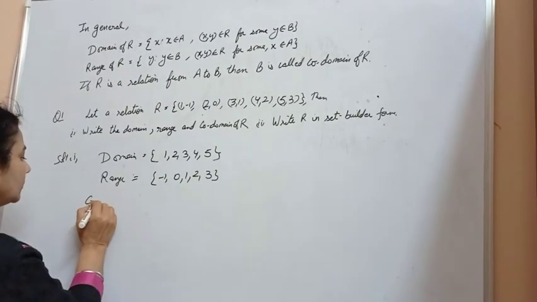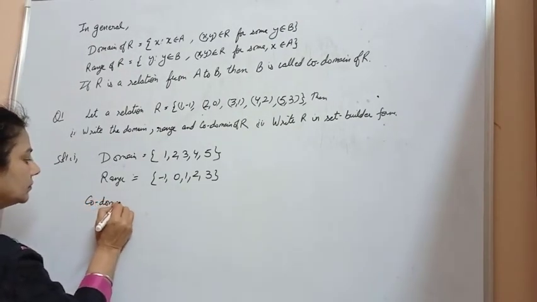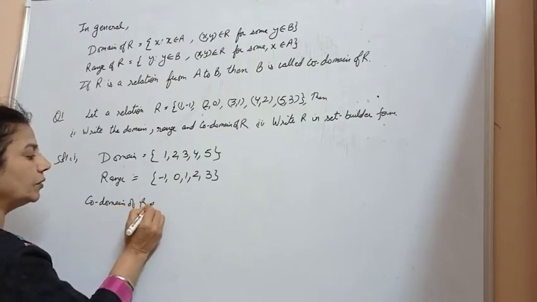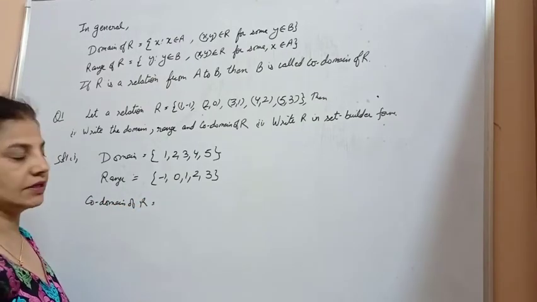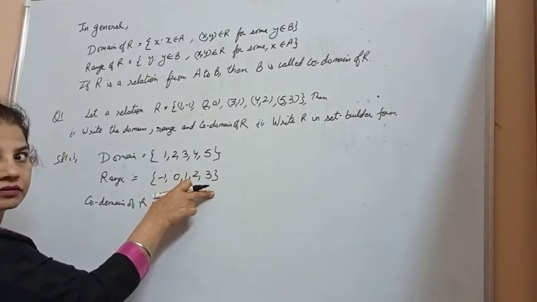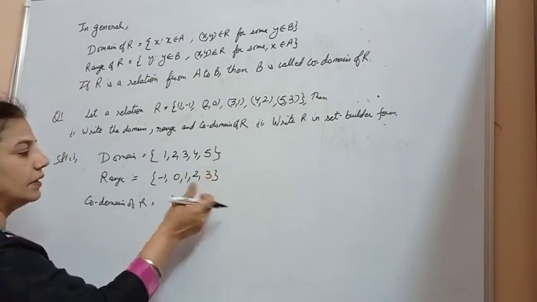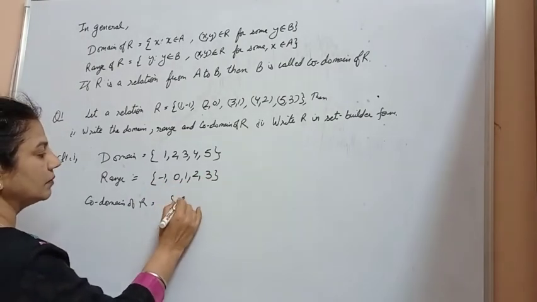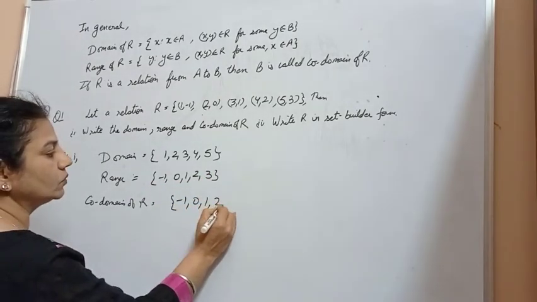Codomain of R is the set B itself. What is the set B? Set B is the range, the second component, which is -1, 0, 1, 2, 3.